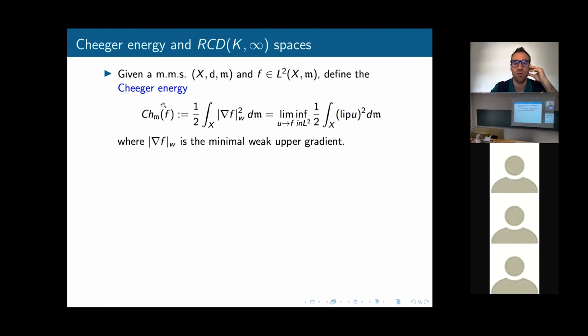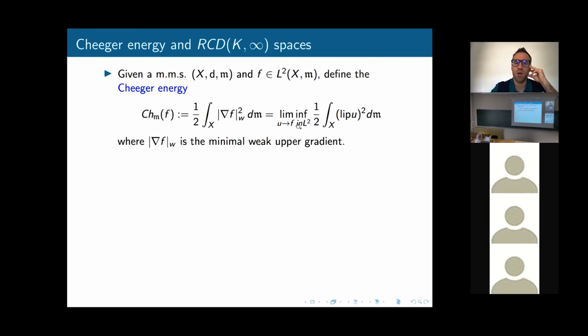Okay, so you can define the Cheeger energy using the weak upper gradient, which is kind of the modulus of the gradient. If you prefer not to take this as a black box, then you can define it using the slope, the local Lipschitz constant of a function, in this way. So consider you want to define the Cheeger energy of some function f.